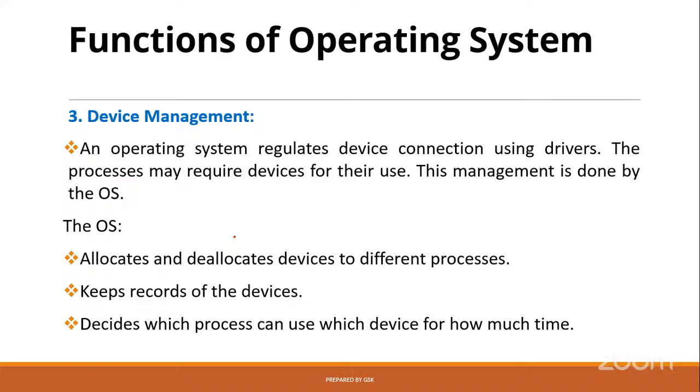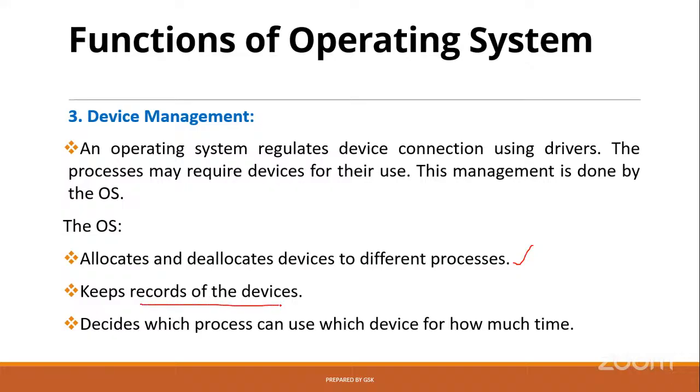Or in simpler terms, a printer. If you have a printer, you may have this experience. Directly, you may not be able to work with the printer, because the printer's drivers must be installed in your system. This is a part of device management, how the operating system maintains the devices. It allocates and deallocates devices to the different processes, and keeps records of the devices.